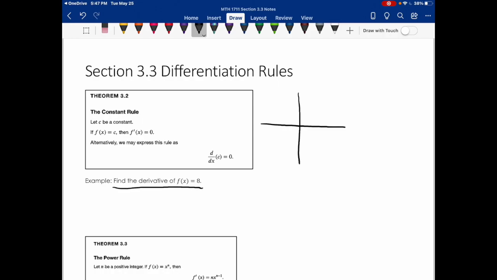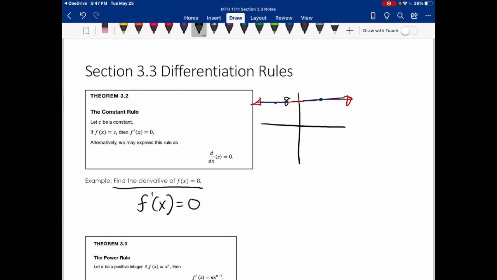So if we look at, for example, in our first example, f of x is equal to 8. If I have the horizontal line, f of x is equal to 8, here's my line. At any point on this line, if I find the tangent line at that point, the slope of the tangent line is going to be 0.